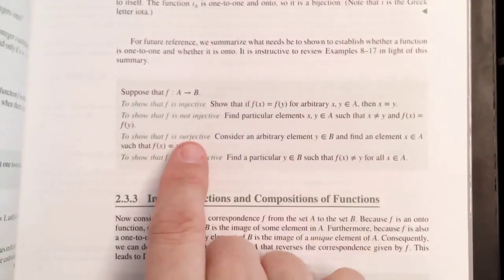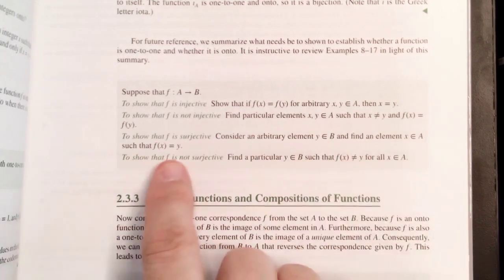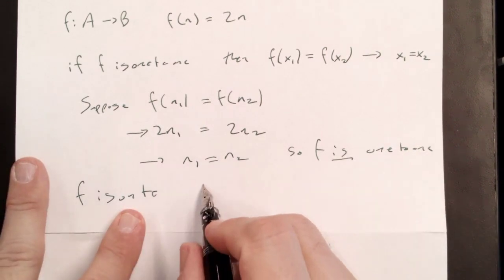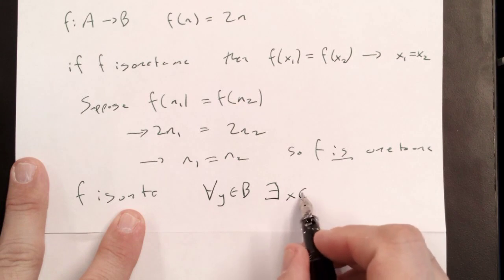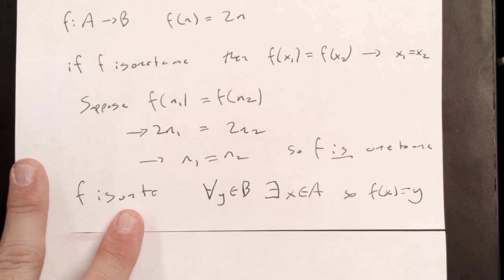To show that something is onto, for every y in B, there's an a that hits it. Write that definition down. For all y in B, there exists x in A, so f of x equals y.